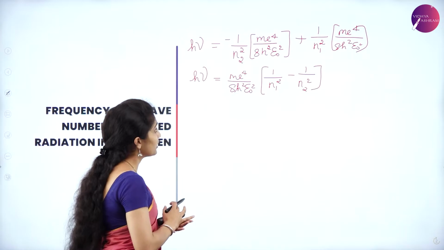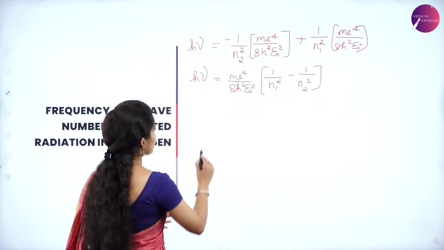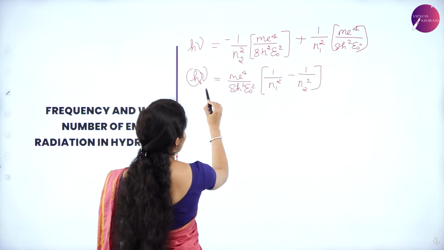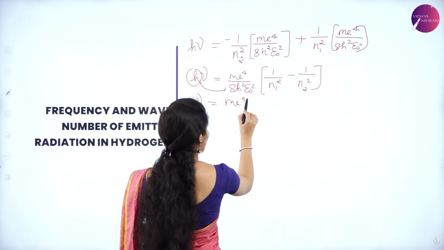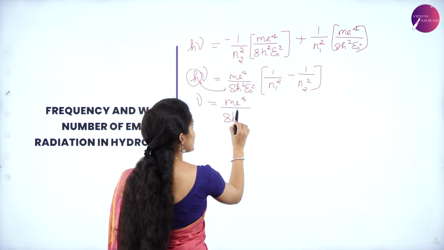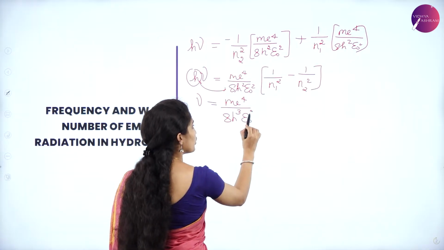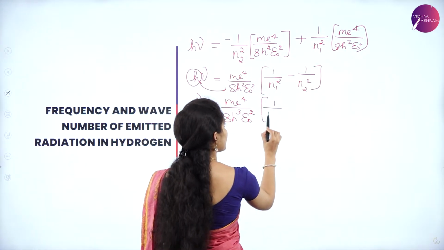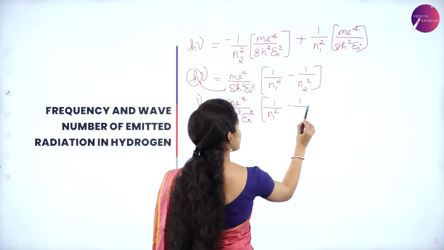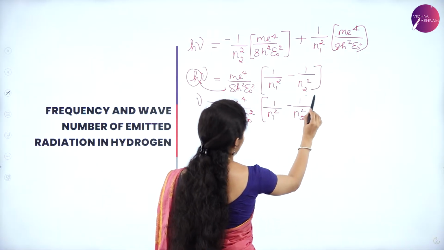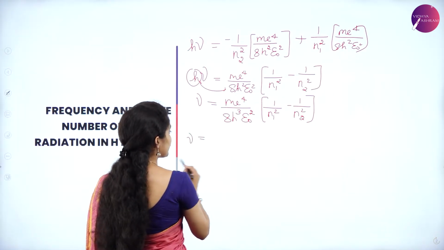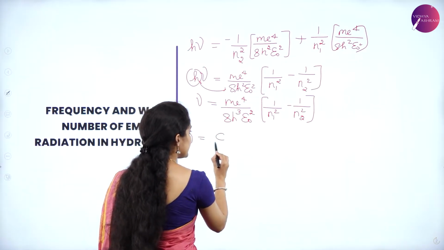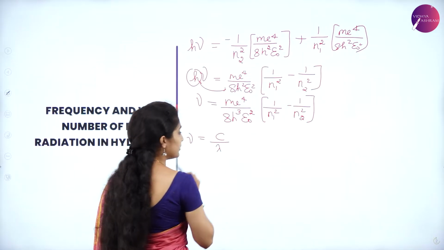So we can consider the nu now, that is, taking h to the other side. We have nu is equal to M e to the power of 4 divided by 8 h cube epsilon naught square into 1 by n1 square minus 1 by n2 square. So we know that nu, the frequency, is nothing but c divided by lambda.